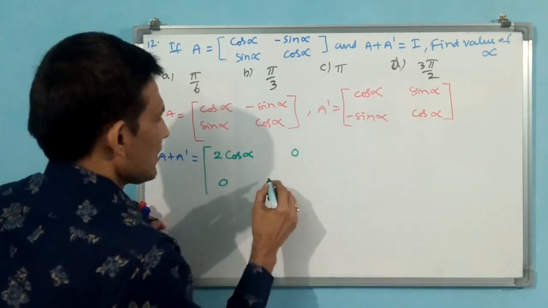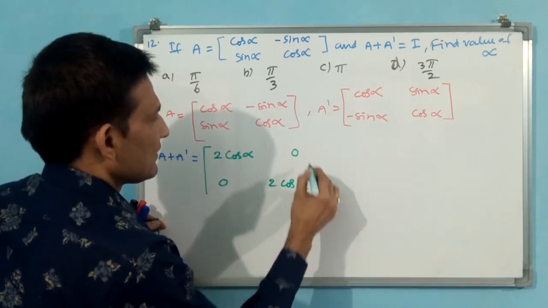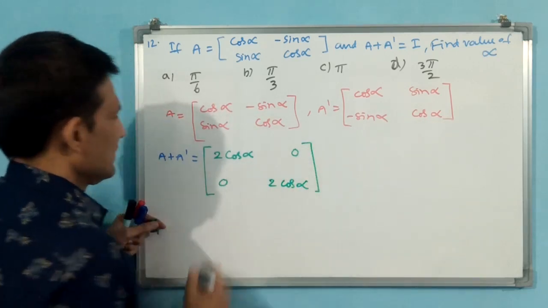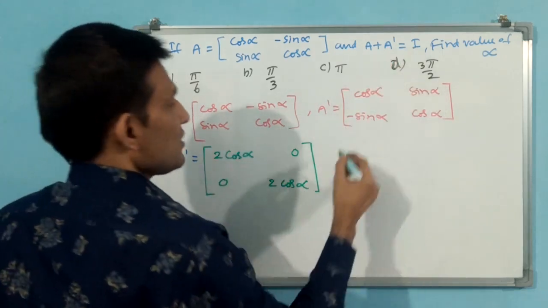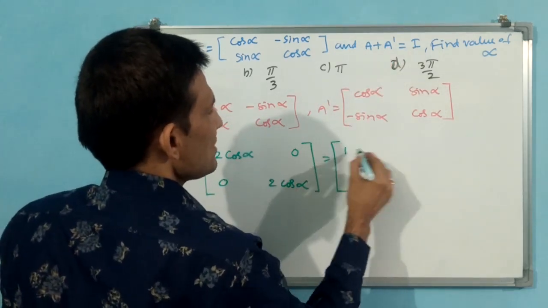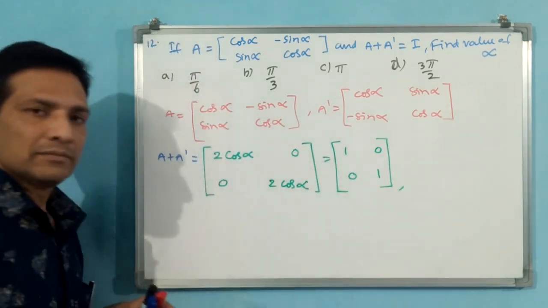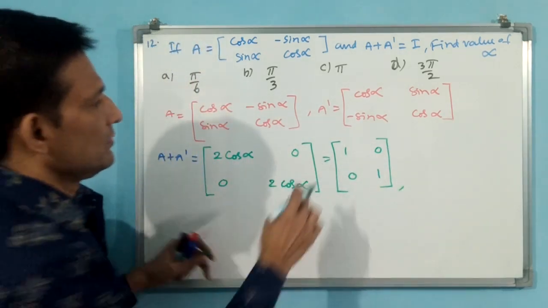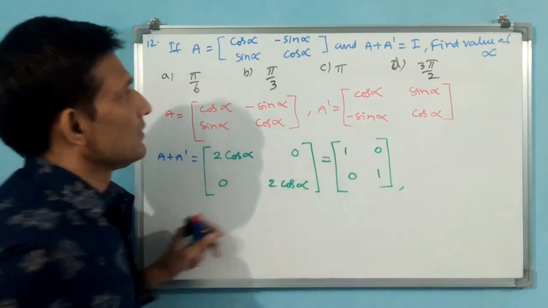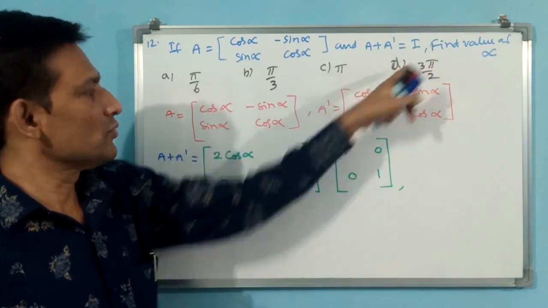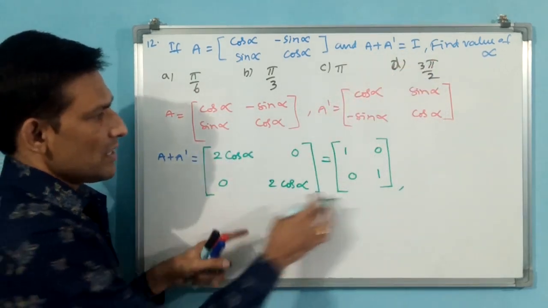Cos alpha plus cos alpha, 2 cos alpha again. But this value is equivalent to what? I. I means 1, 0, 0, 1. A plus A transpose is equal to I.